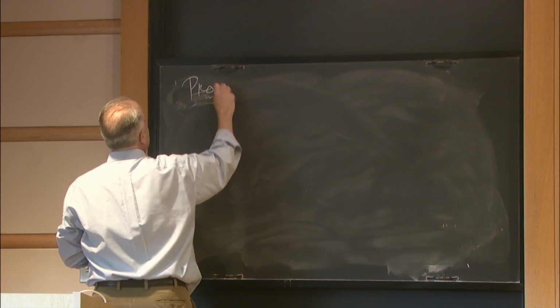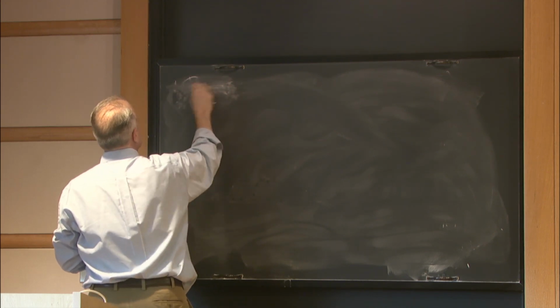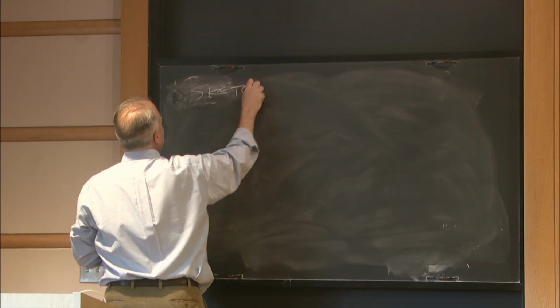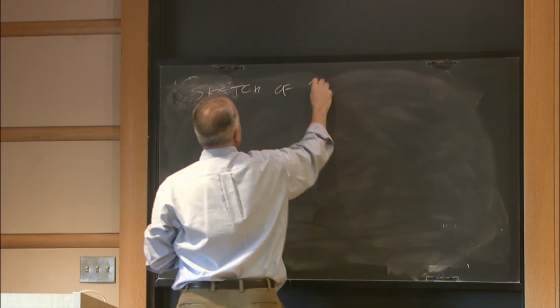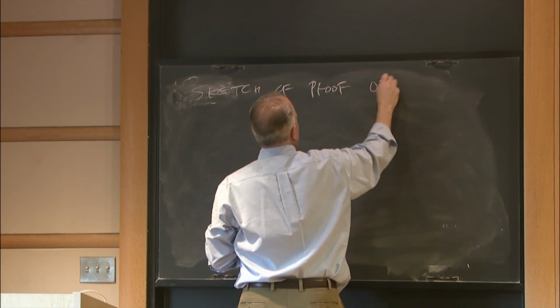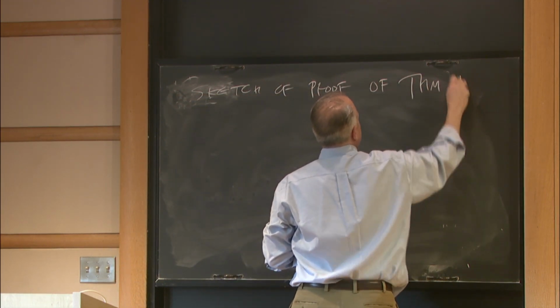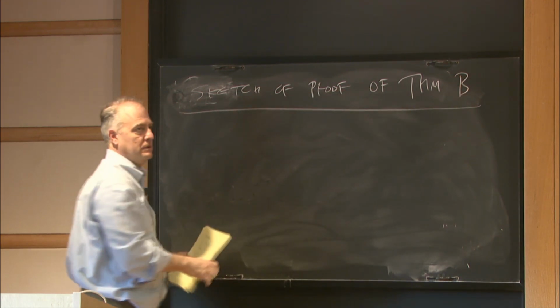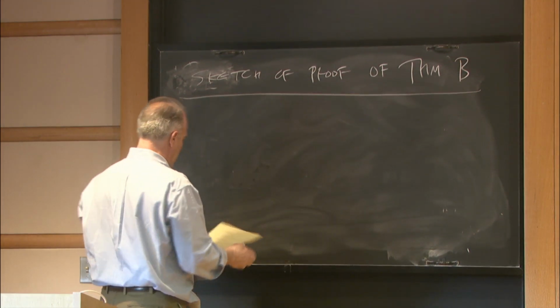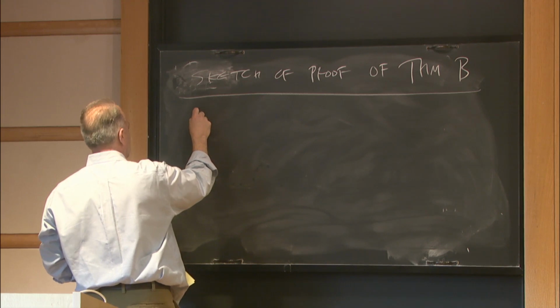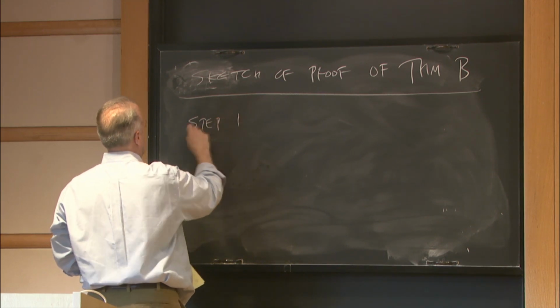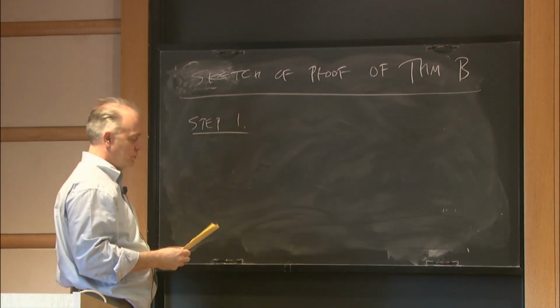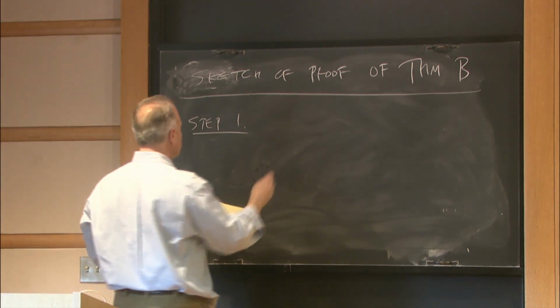Okay, so now what I want to do is a sketch of proof of theorem B. All right. So how does it go? Step one. We're going to, again, do a conformal change of metric, and it's very similar to what we did before.